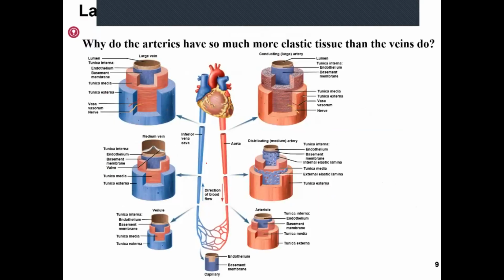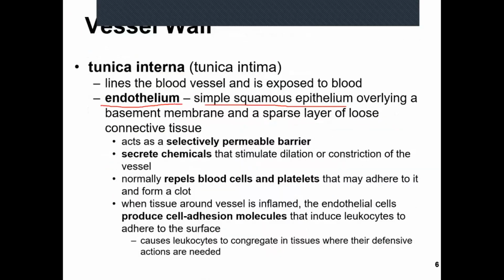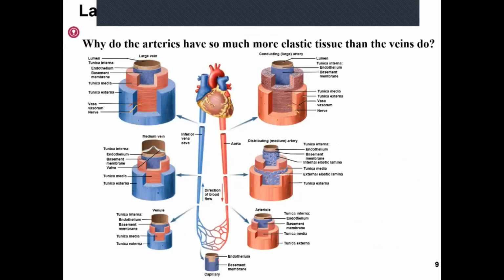For example, if we discuss capillaries, they are absent of vasa vasorum because in capillaries we have only tunica interna with endothelium and basal membrane. Here, you see, it's only tunica interna, only one layer. Here, all types of the veins and arteries have 3 layers, interna, media, and externa, but they are different.